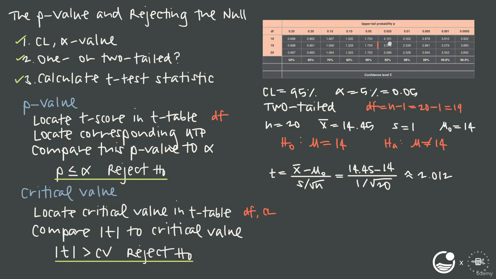So since we're in between these 2 values, our next step is to locate the corresponding upper tail probability. We want to look at the upper tail probability associated with both of these values, the value to the left and right of the approximate location of our t-score. So if we go up to the top of our t-table, we can see the upper tail probabilities associated with those 2 values here, 0.05 and 0.025.